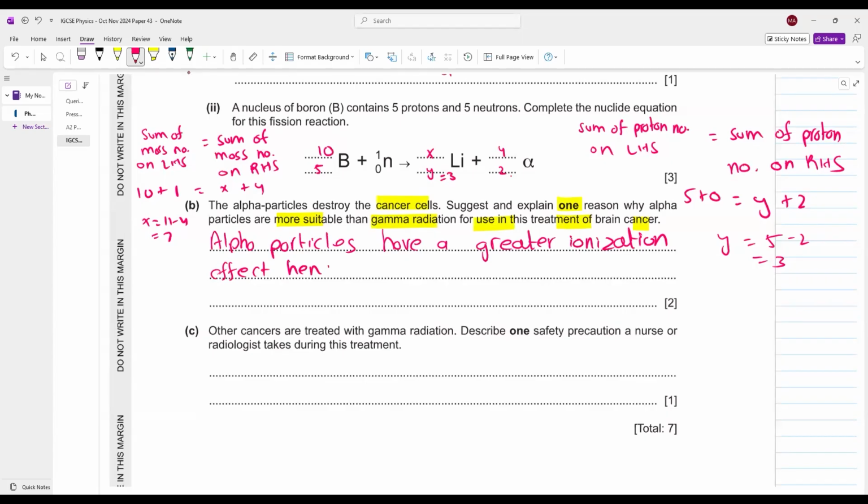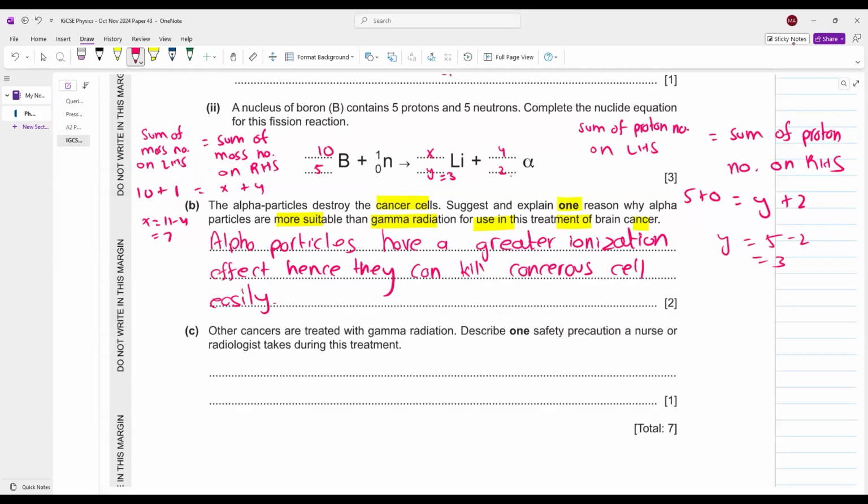Hence, they can kill or destroy cancerous cells easily. Let's further move ahead.